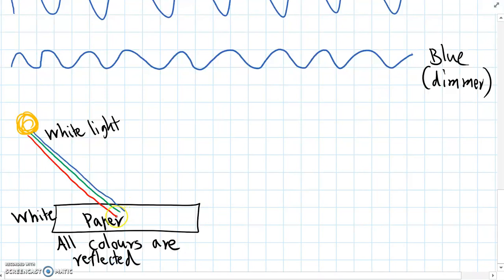Which means they all bounce off the surface, the red, the green, and the blue. So when they hit our eye, here's our eye looking at the paper. When they hit our eye, all the colors of the rainbow are still there. So to us, that piece of paper looks white.